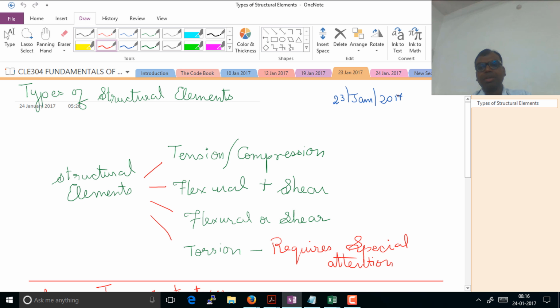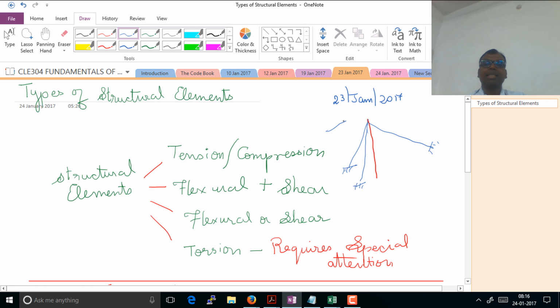For example, suppose you are going to have a telecommunication tower, that could be a guyed tower. These are guy ropes which are placed so that this element will stay in position. These guy ropes will always be only in tension.